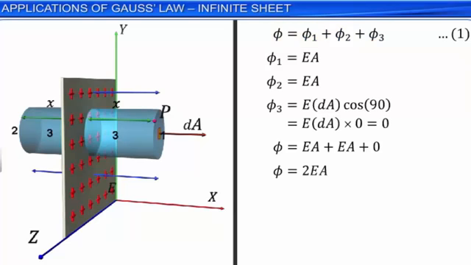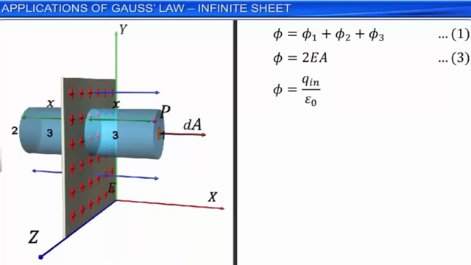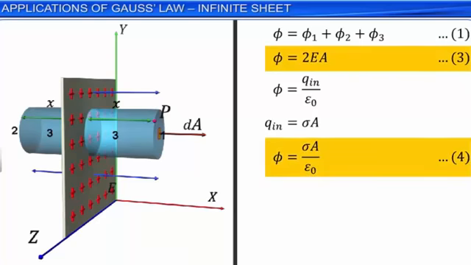According to Gauss law, phi is equal to Q in by epsilon naught. Substituting the value of Q in, we get phi is equal to sigma A by epsilon naught. Let this be equation 4. From the equations 3 and 4, we get 2EA equal to sigma A by epsilon naught.